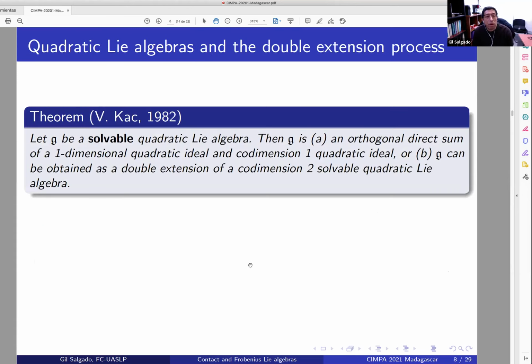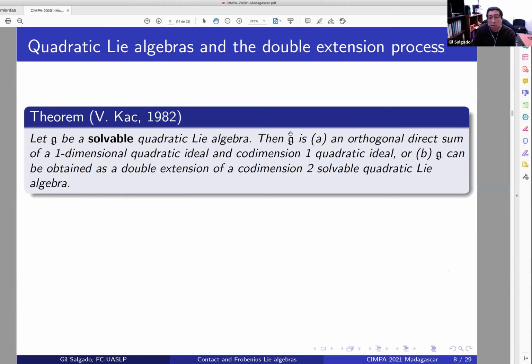Why do we start with the double extension process and quadratic Lie algebras? Well, in 1982, Professor Kac proved the following theorem. If we start with a solvable quadratic Lie algebra, then we have two options.